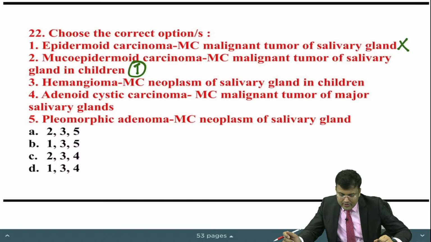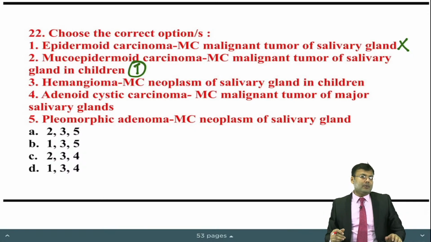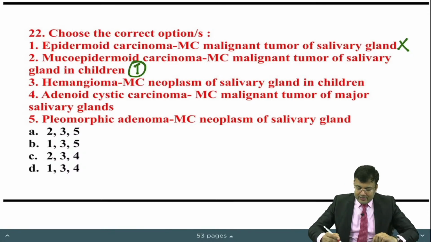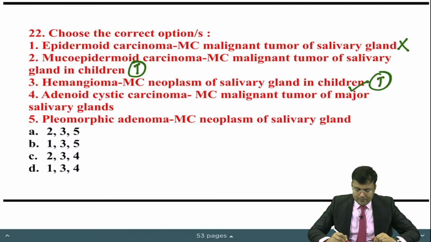Tanisha is saying true. Vandana Rai saying false. Rituraj, let me tell you, the most common neoplasm of salivary gland in children is hemangioma. So this is also true.